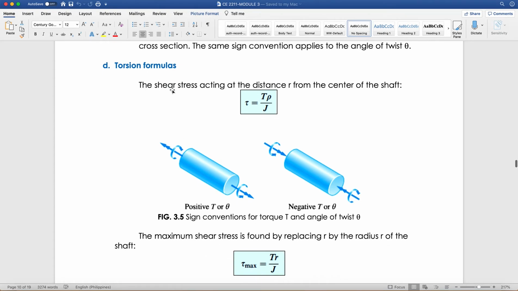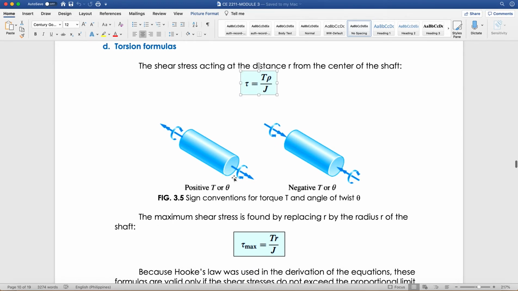So, torsion formulas. The shear stress acting at a distance r from the center of the shaft. For example, dito tayo, from the center or the centroid, papunta at a certain distance from the centroid, this is the formula. Okay? So, if we are interested to determine the maximum shearing stress, which is on the outer part from the centroid, then we will use T times the radius divided by the polar moment of inertia.